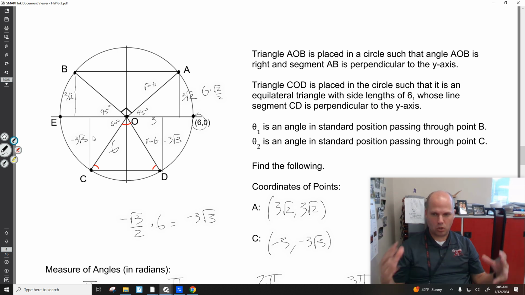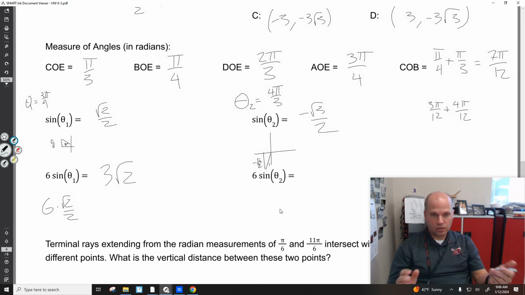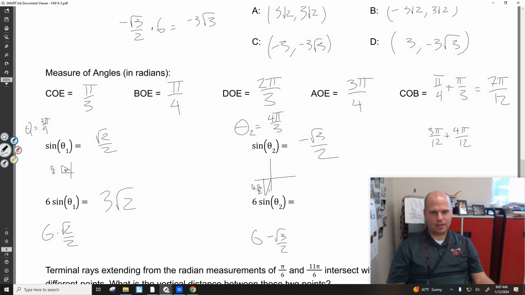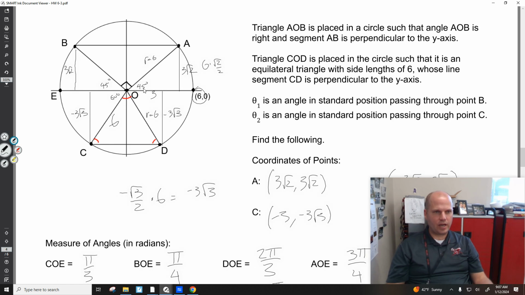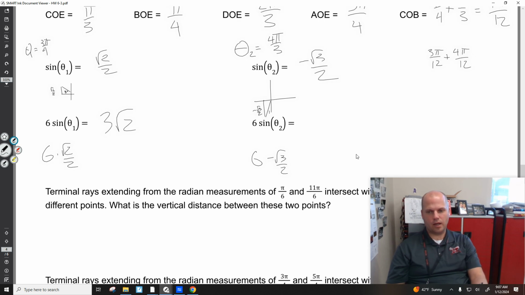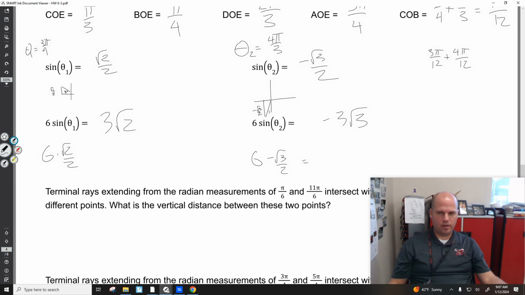That's like you're expanding your multiplier. 6 times theta 2 will be, and we're asking you this mostly so you can see, if you just do the calculations all at once, multiply by the radius, you're going to get that y length or that x length. So theta 2 goes to C. This is going to be the answer to 6 sine theta 2, negative 3 root 3. 6 times negative root 3 over 2 is negative 3 root 3.